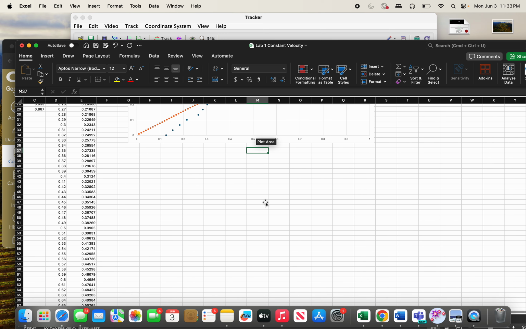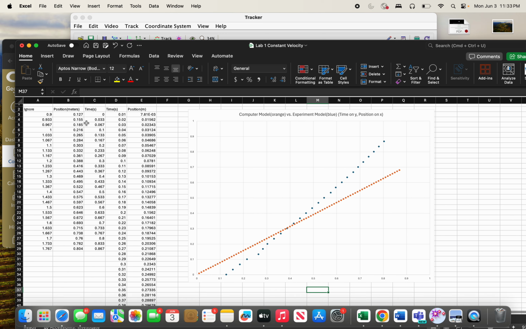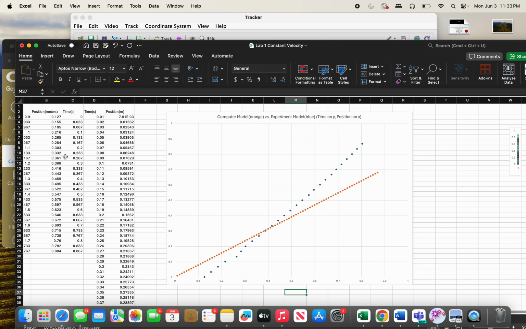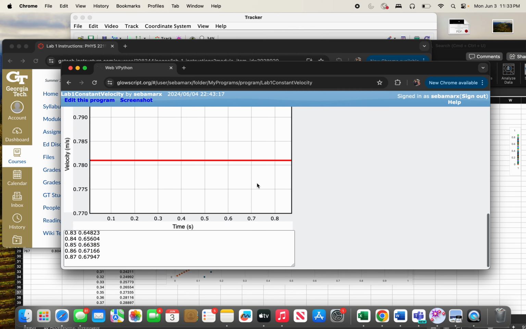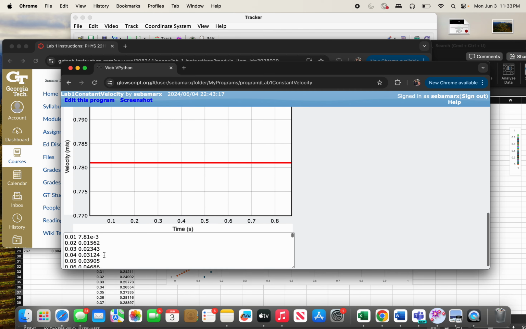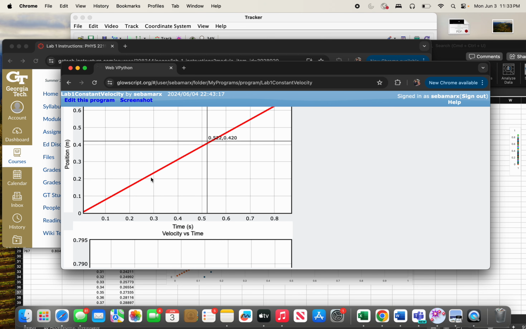So now, right here, we've got our values from our observed model. So our observed model is going to be the blue dots, and our computational model that we ended up getting through Python, through these values right here, and we're talking about this one right here.